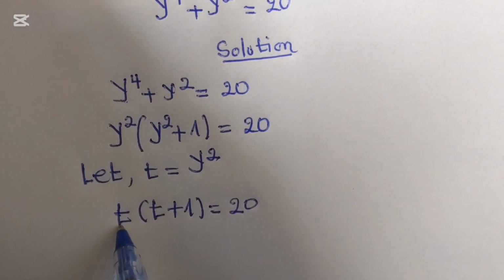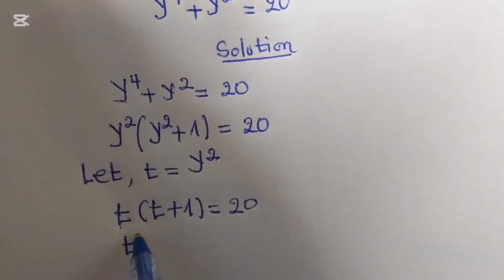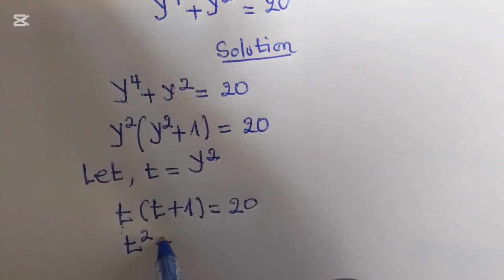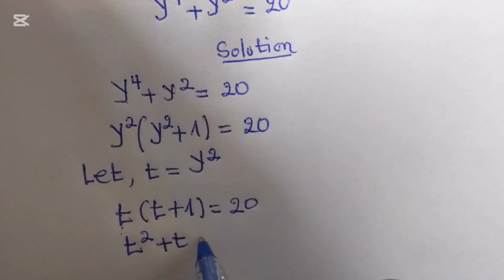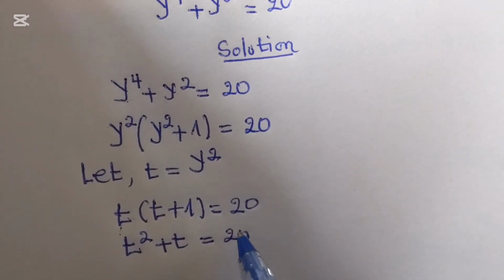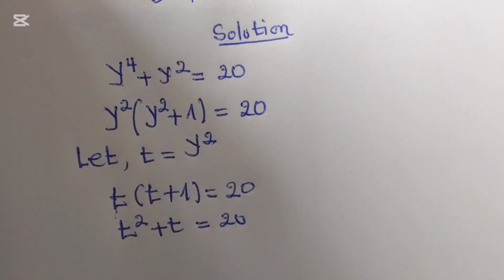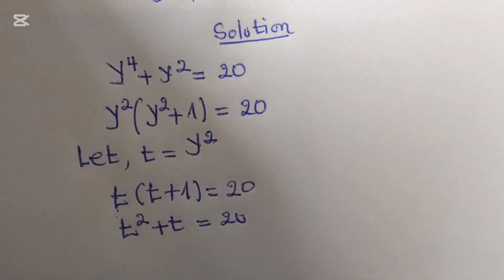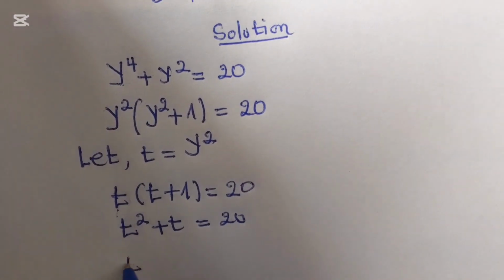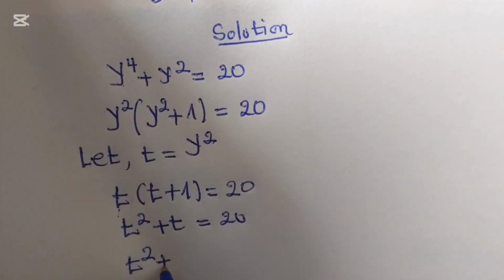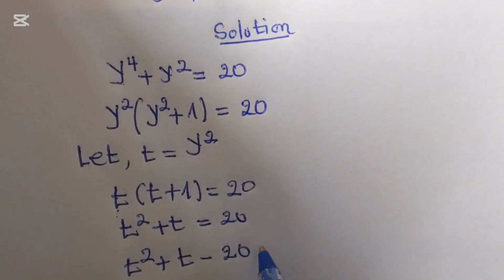Then this can multiply inside to get t squared plus t to be equal to 20. Now we can write this one as t squared plus t minus 20 to be equal to 0.